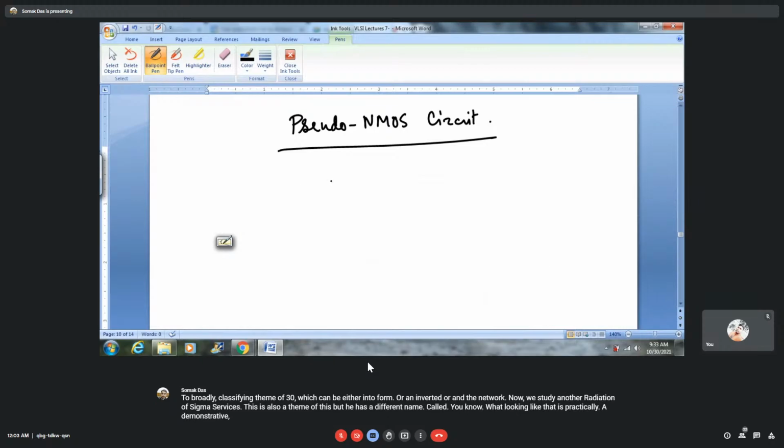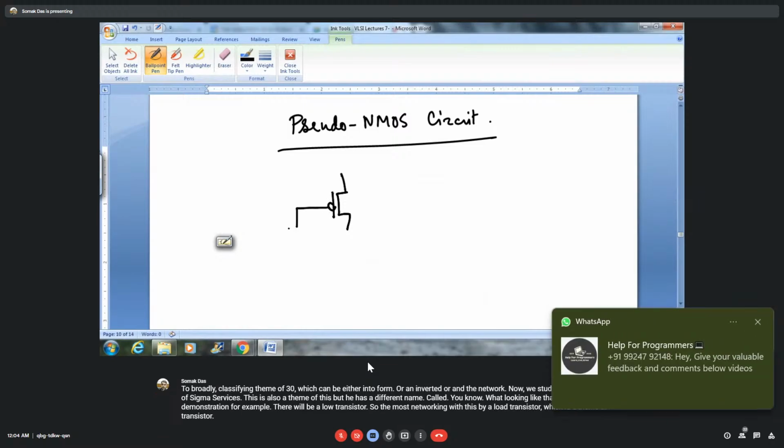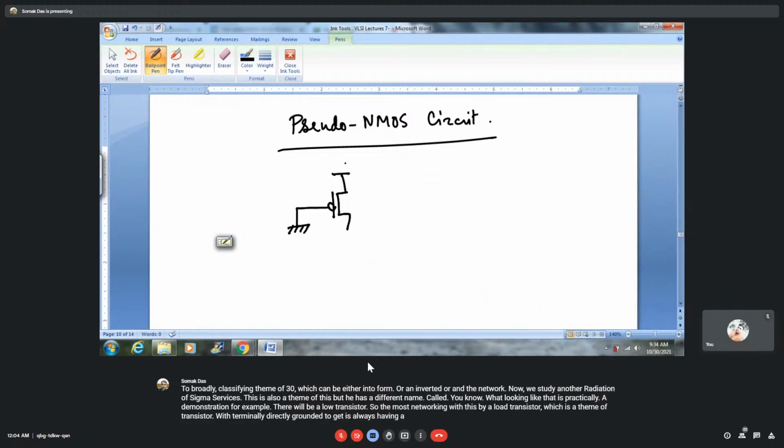For example, there will be a load transistor. So the PMOS network is replaced by a load transistor, which is a PMOS transistor whose gate terminal is directly grounded. So gate is always having a 0 volt potential. The biasing potential here is positive.